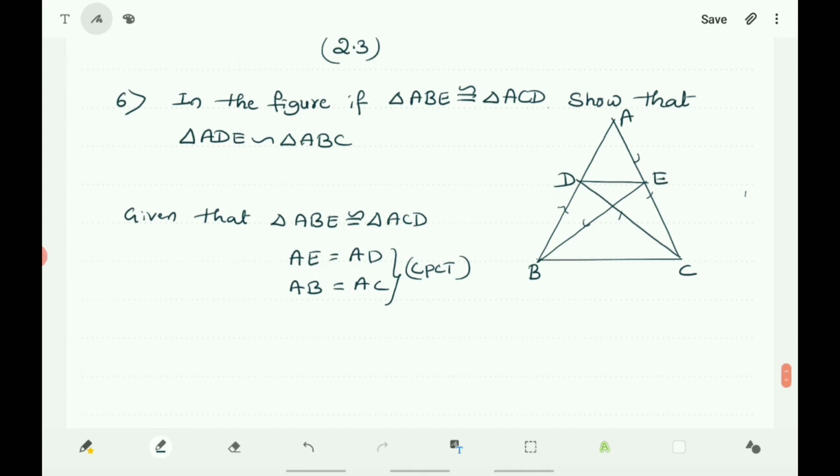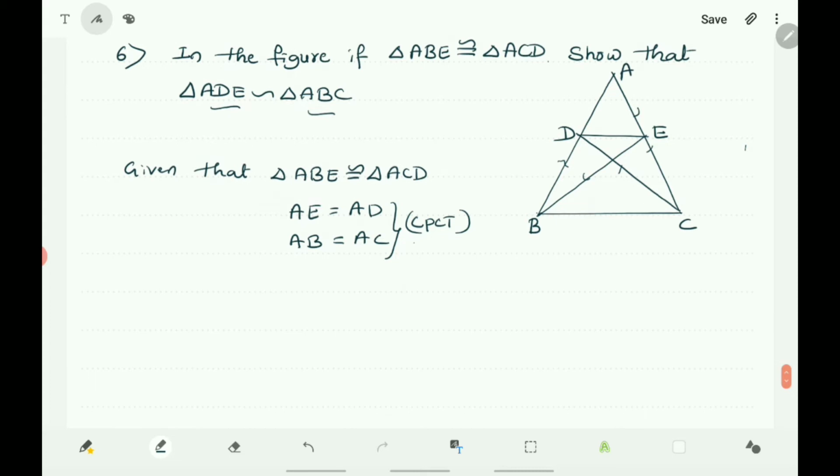So you can write here, if you take the triangles ADE and triangle ABC, now you consider this is the first.